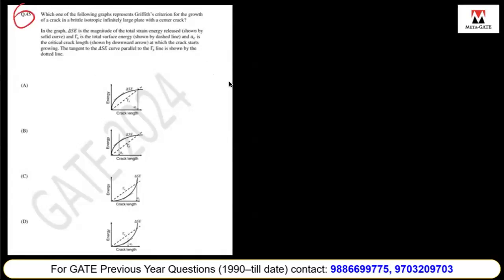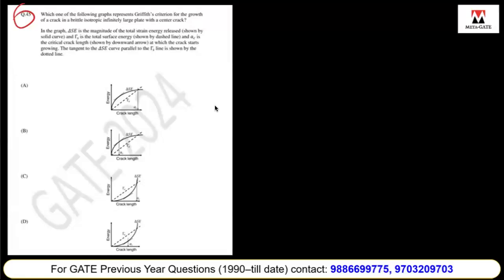In the graph, delta SC is the magnitude of total strain energy released, and the total surface energy is given by tau s. The ac is the critical crack length at which the crack starts growing. The tangent to the delta SC curve parallel to the tau s line is shown by a dotted line.